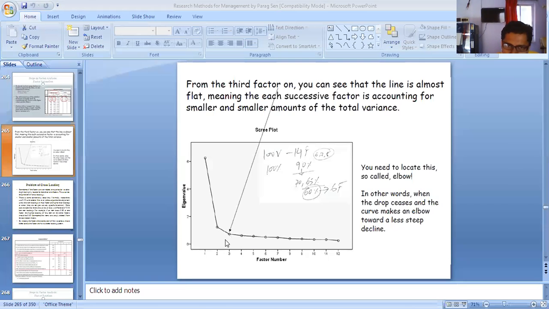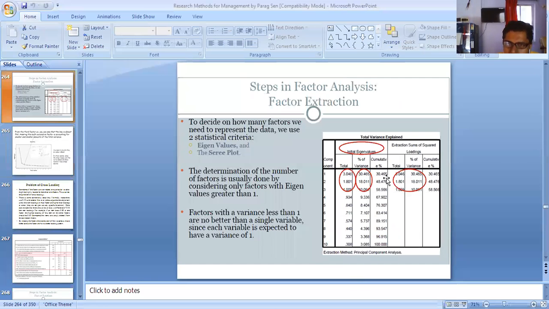So that's why the elbow is here, you can see, and up to the elbow those values you will be considering. Okay, 1, 2, 3, these values you will be considering. And even if you do not draw this scree plot, there is no problem, because from the table itself you can understand which values are greater than 1.